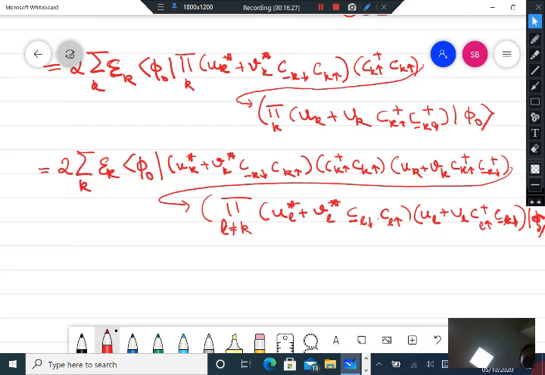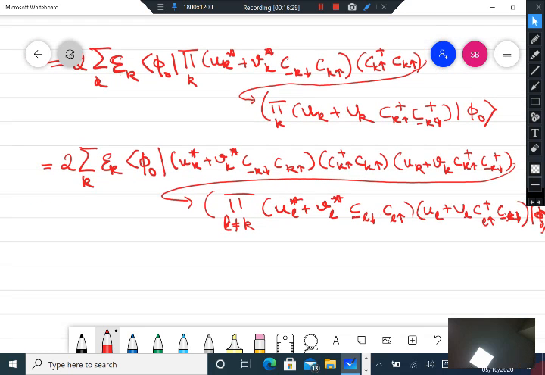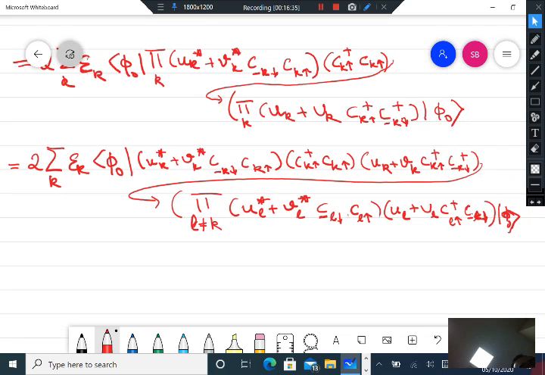Okay, and the way we have manipulated it, if you don't understand the above, then you can think of it in this form: the way we have manipulated this expression is somewhat like if you have a product of three terms.